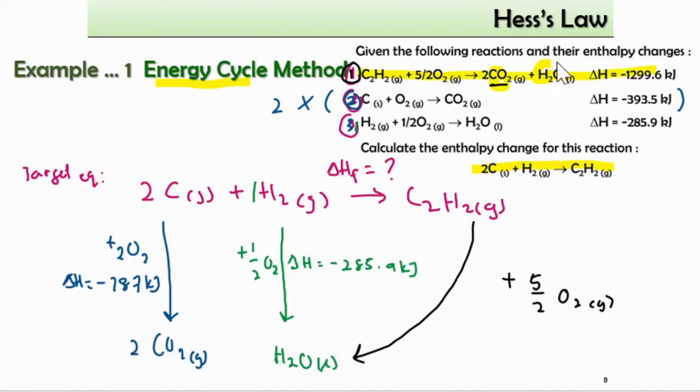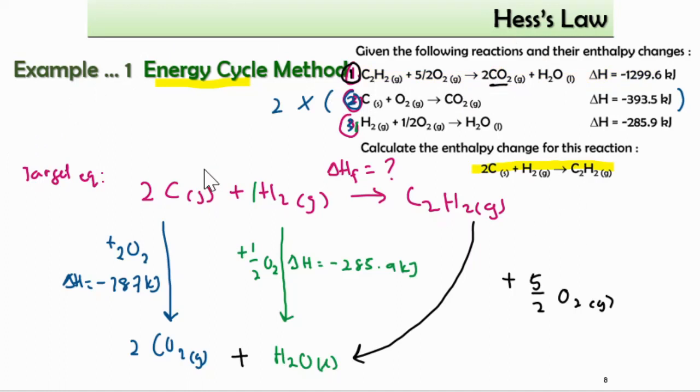Okay, so from this equation, double check just to make sure it is balanced. C2H2 plus 5/2 O2, product 2 mole of CO2 plus 1 mole of H2O. So ngam lah, this is your equation. Okay, so now kita just double check je apa yang ada dalam your energy cycle method supaya kamu nampak dia punya flow.